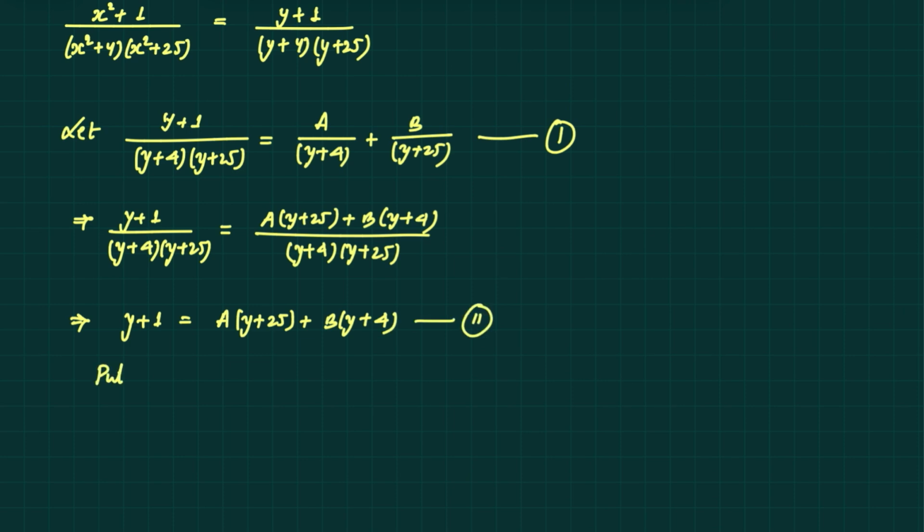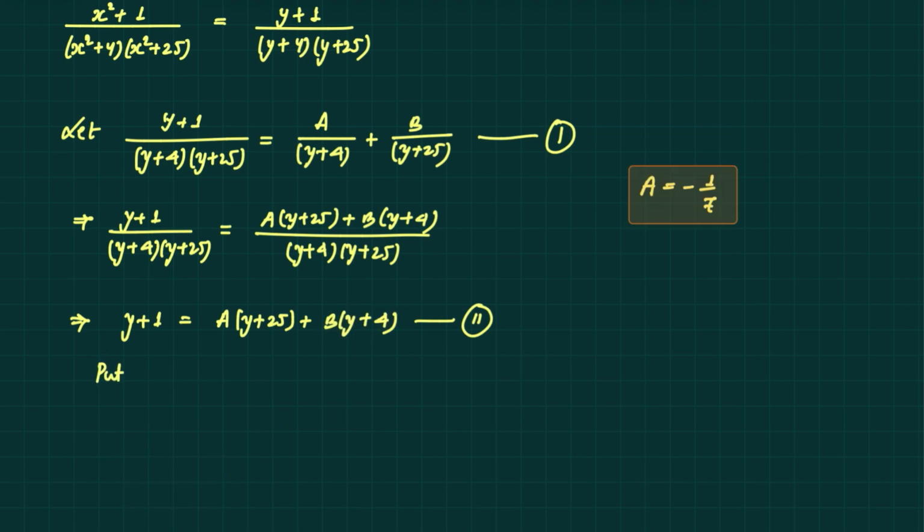So first let us put y equals minus 4. On doing so, we will have minus 4 plus 1 equals a into (minus 4 plus 25), and the second term will be 0. So this implies the value of a equals minus 1 by 7.